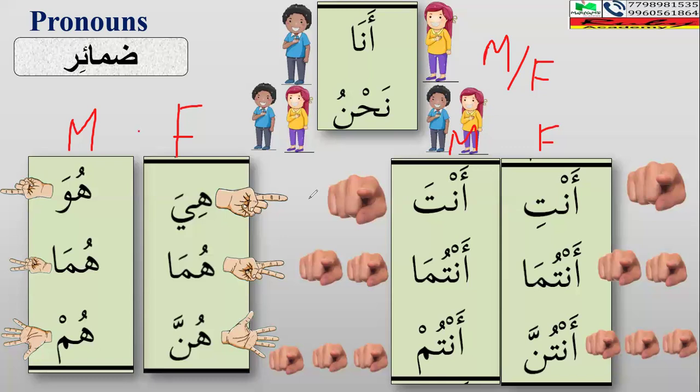Then anta, again for masculine you use your left hand and point to the person standing in front of you. Anta, you one; antuma, you two, masculine; antum, you two plus, masculine; anti, you feminine; antuma, you two feminine; antunna, you two plus feminine. And ana, I; nahnu, we.